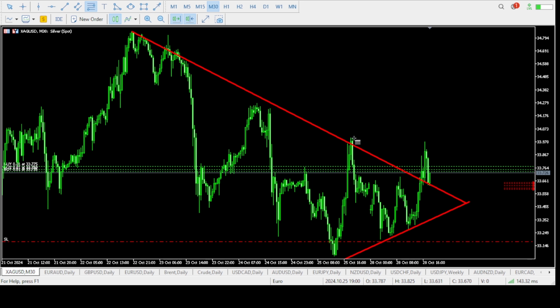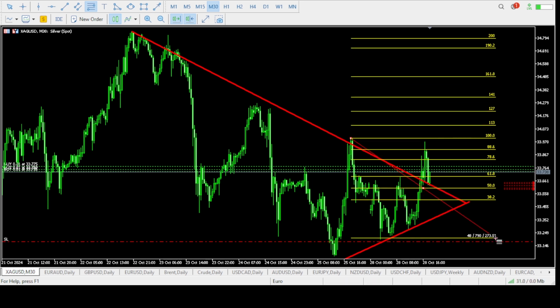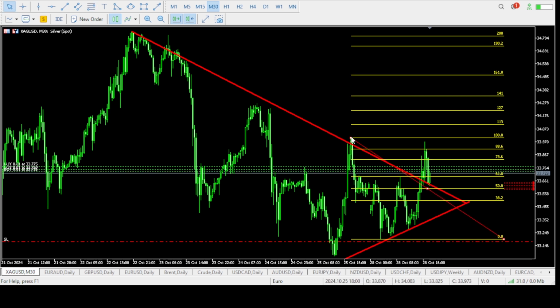Let me draw it out so that you can see. It's a harmonic pattern. If you draw from this swing high here down to this swing low, you can see the retracements down to 61.8 Fibonacci level. So this is a Gartley pattern.